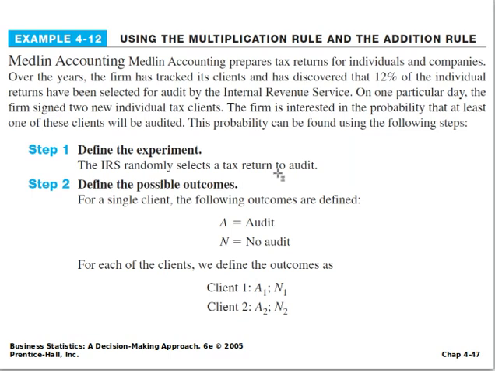Step 2, define the possible outcomes. For a single client, the outcomes are defined as A for audit and N for no audit. For each of the clients: client 1, audit 1, no audit 1; client 2, audit 2, no audit 2. Those are the sample space.